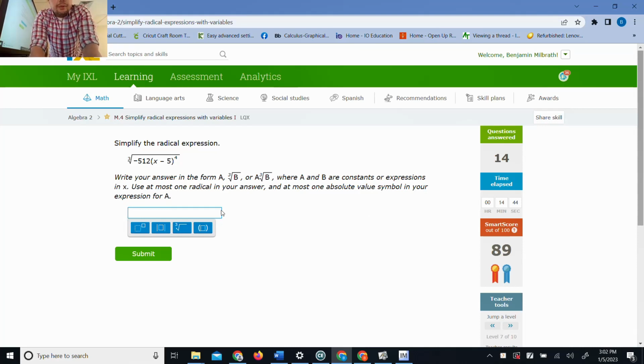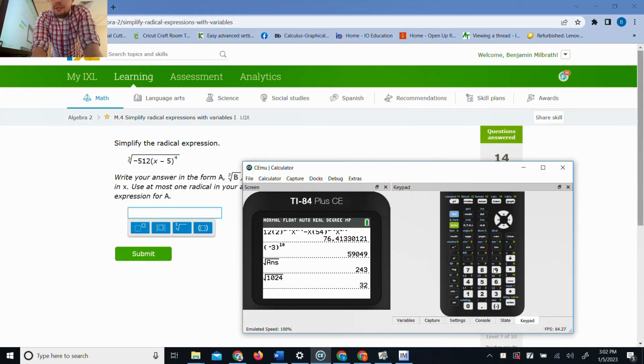All right, so this one, can we do this one in our heads here? Anything cubed generating a 512? 4 cubed is 64. 5 cubed is 125. 6 cubed is 216. 7, 8. It's 8. It is 8. Took me a second. I don't know why it took me so long.